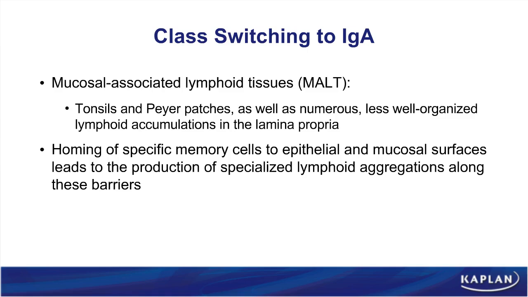So Th2 cells that are found within the mucosa will tend to gear more towards isotype switching to IgA. But again, this is a very minimal point.